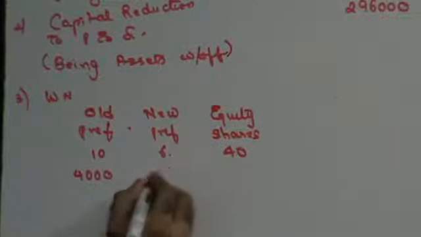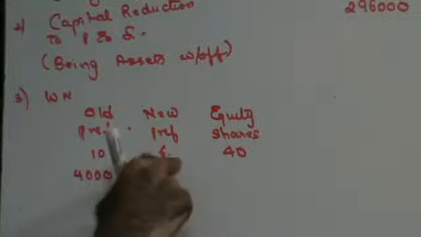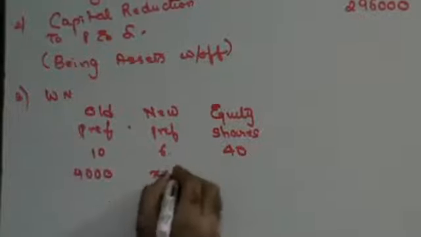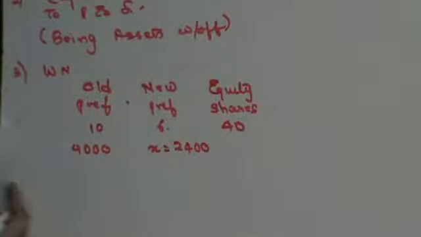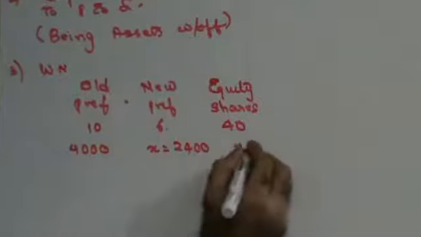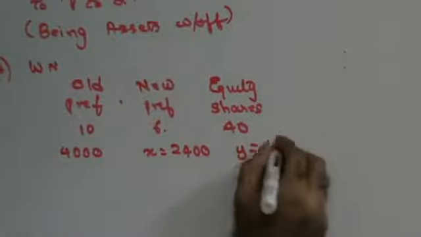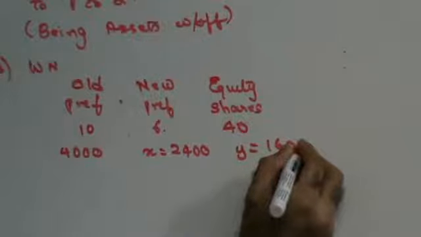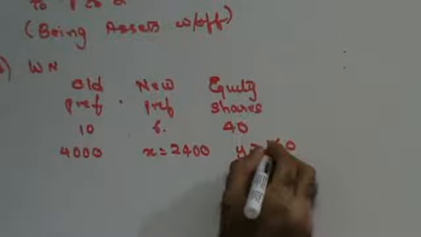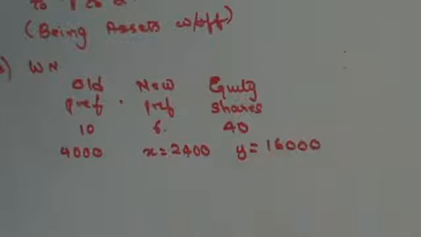That means how many new preference shares will it issue? 4,000 into 6 divided by 10, that is 2,400. And how many equity shares will it issue? 4,000 into 40 divided by 10, that is 16,000.